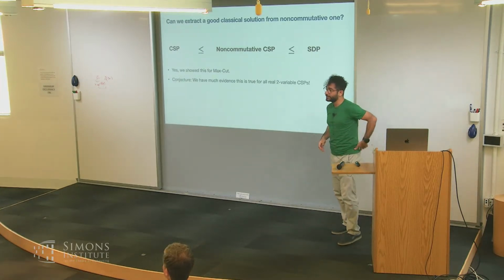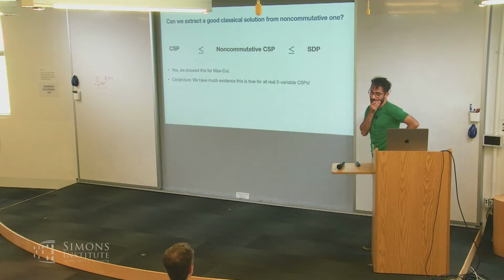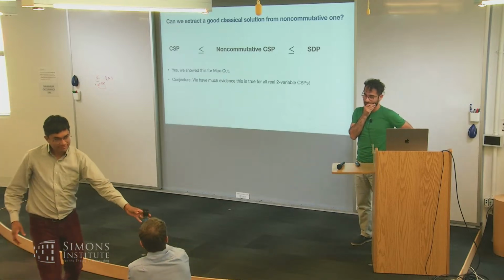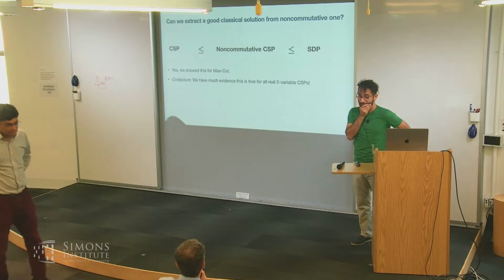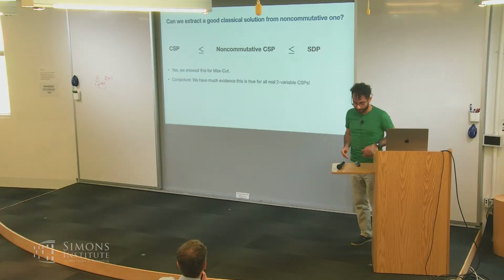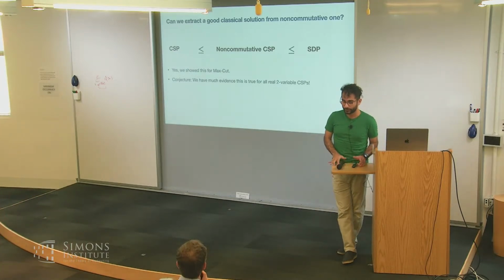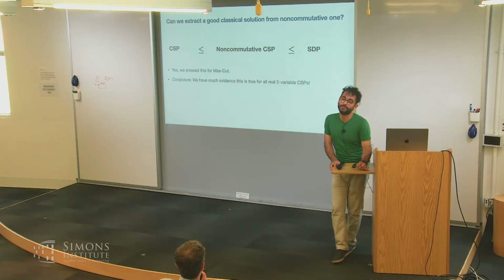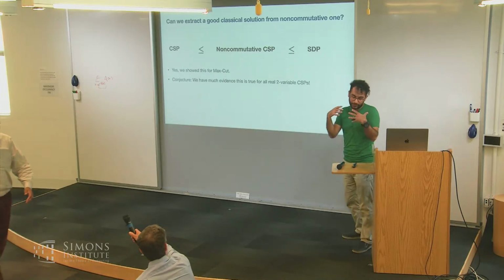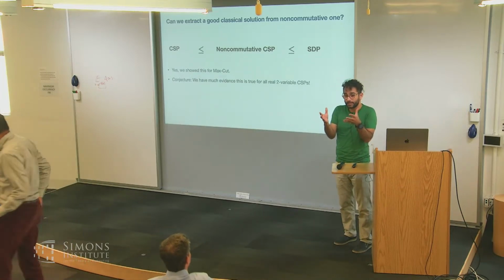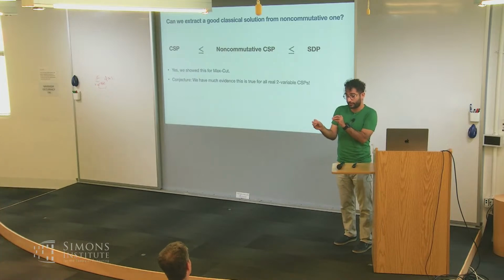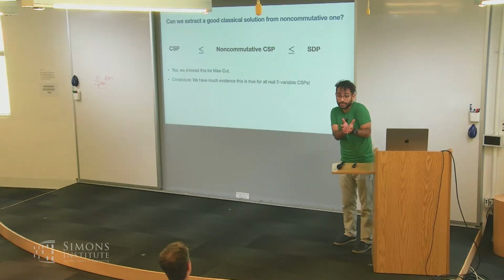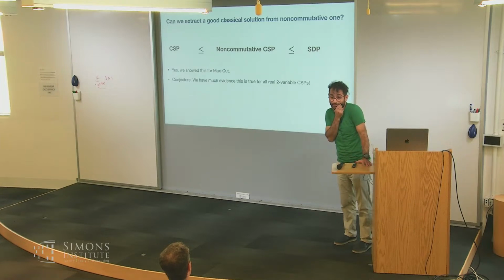Any further questions? For those of us not well informed, can you give a one-sentence explanation of what the connection is to quantum information? Yes. The non-commutative CSPs would capture the value of what are known as non-local games, which are a central object of study in quantum information.